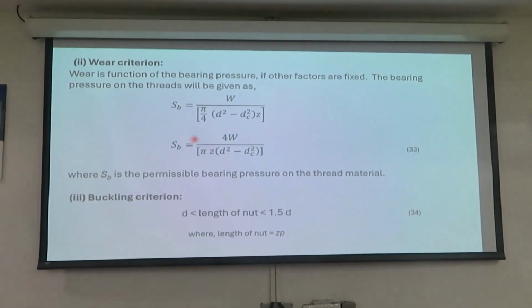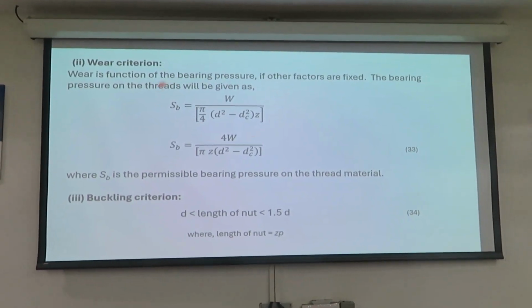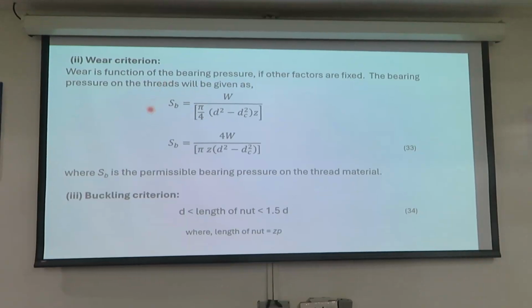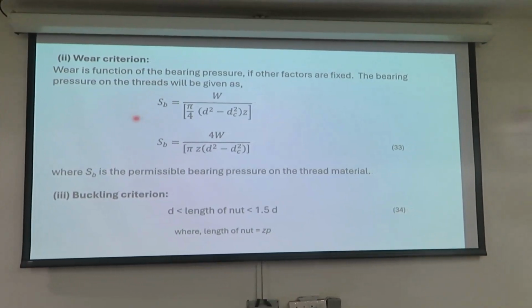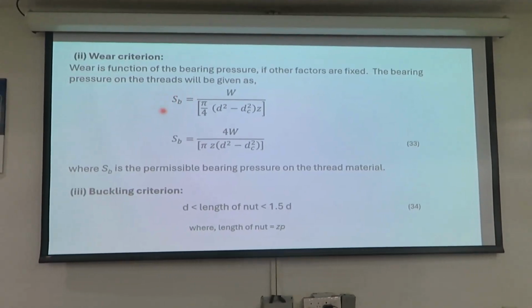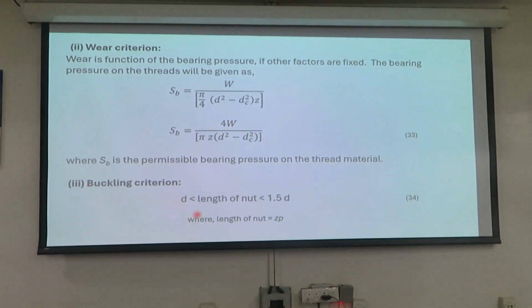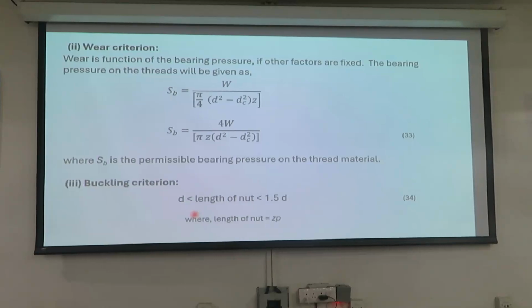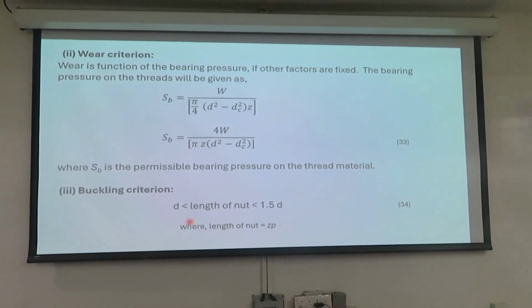Another criteria is wear criteria. Wear is a function of the bearing pressure. So in this case, the bearing pressure is basically used. So what is the bearing pressure? The bearing pressure must be lower than the allowable value, because if the bearing pressure is higher, then the material will wear out very fast. And there is also the buckling criterion. Since the screw is a long thing, it can fail by buckling.